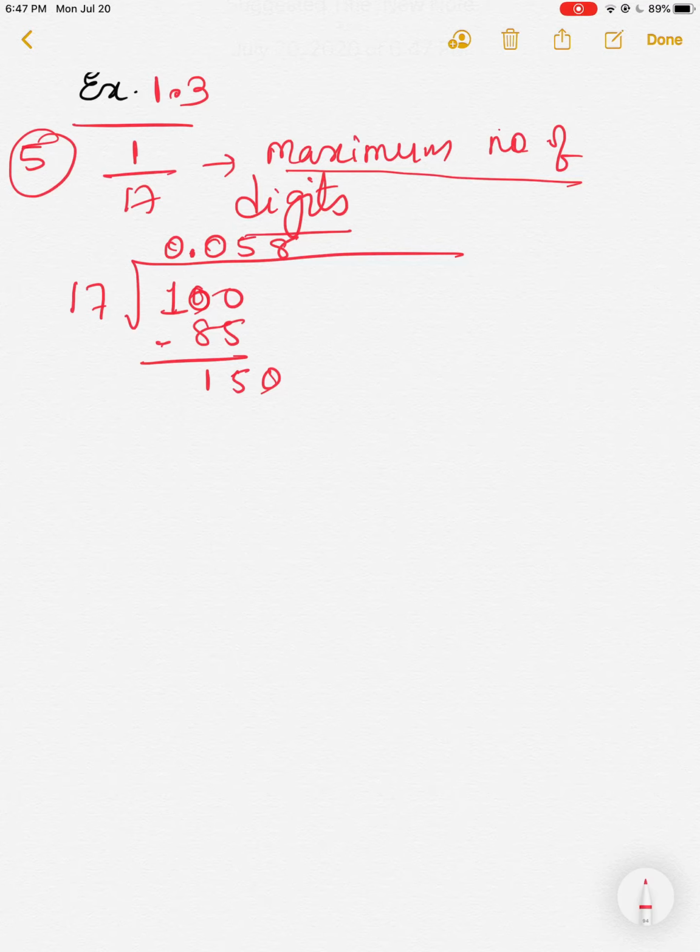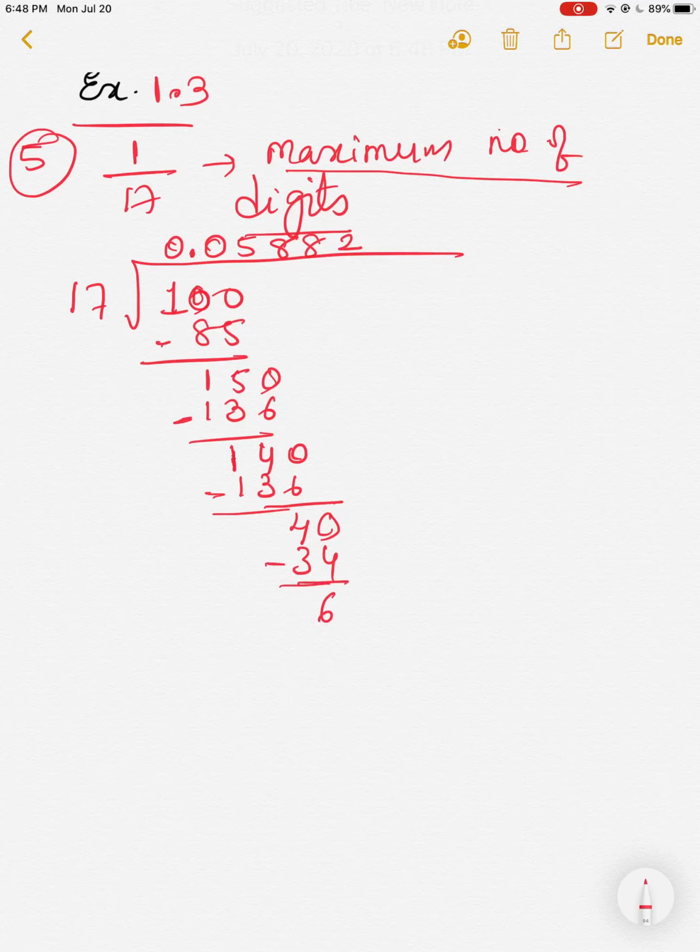17 8s are 136. Okay, then subtract. Here we will be getting 14, then 0. Again 17 8s are 136 minus. Okay, here you will be getting 4, 0. 17 2s are 34.